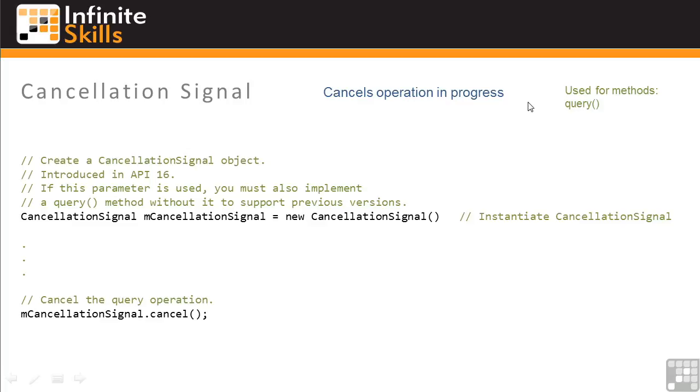Cancellation signal was introduced in API 16, and if you need to retain compatibility with releases before API 16, you need to implement a version of the query method without it in addition to the query method that uses it. To create a cancellation signal object, use the constructor as shown here, and to cancel a query, use the cancel method as shown here. Cancellation signal isn't used in the Notepad app.